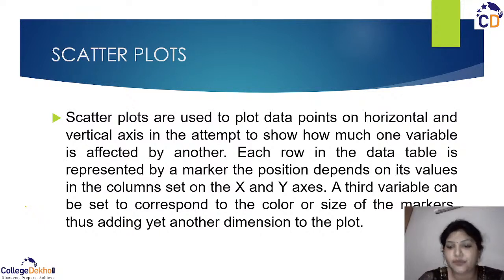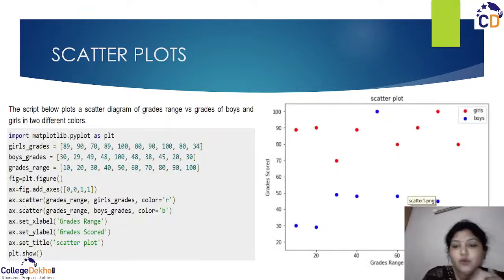Let us see how it works. Now you have some values on the x-axis and you have some values, data points, like x is this and y is this. So how to plot it? Let us see the example.